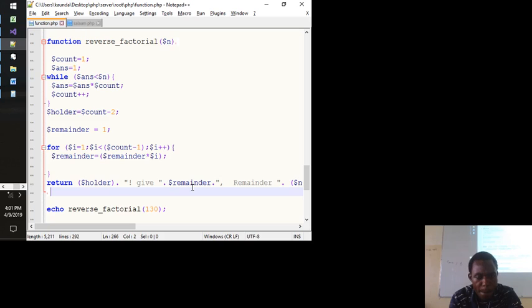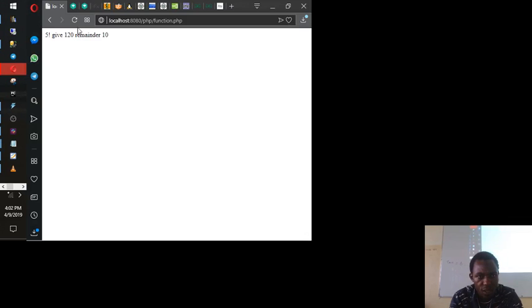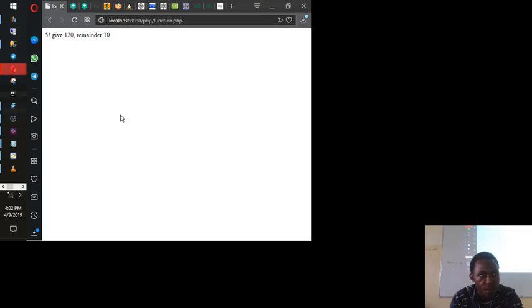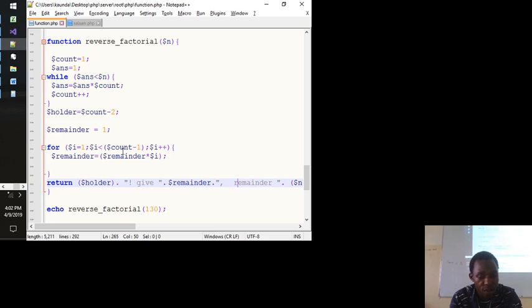So 1 here. It was supposed to be, this is supposed to work. 7 factorial. It's working.